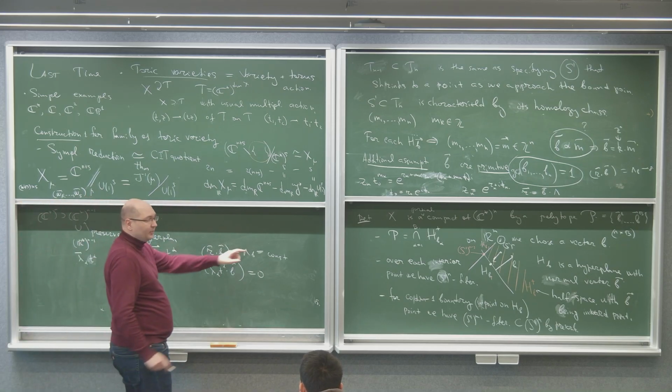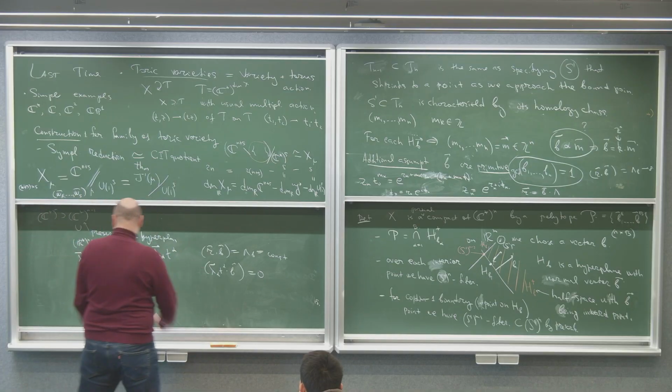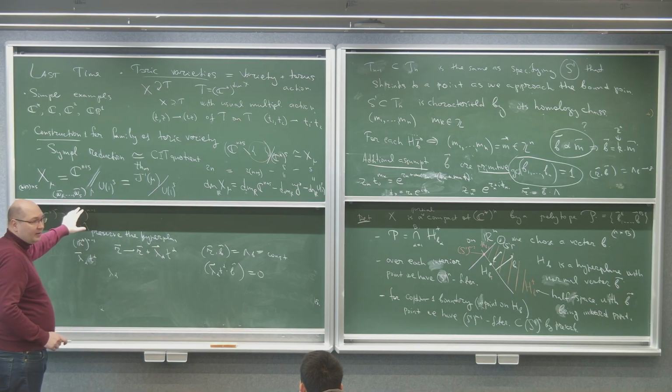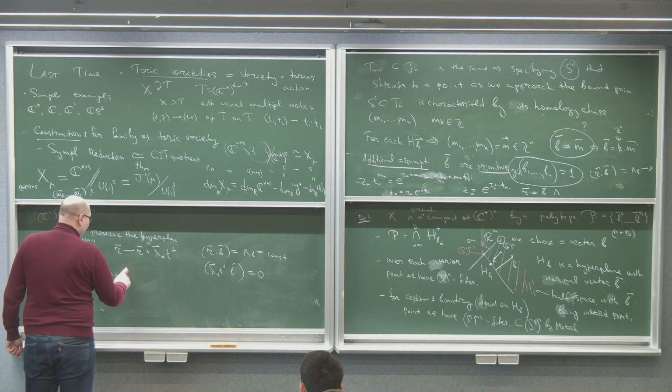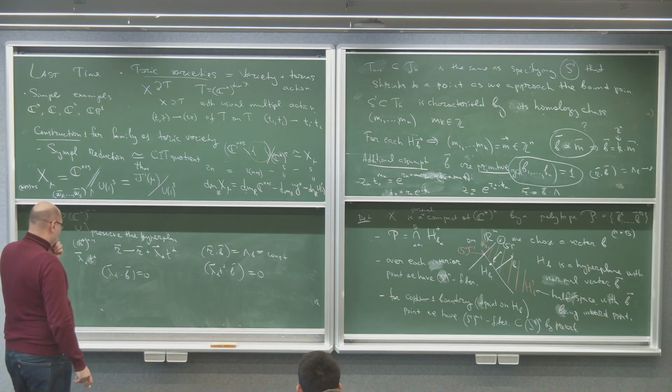So this lambda b shouldn't change, because lambda b is the position of this hyperplane. That means that this lambda alpha, which are weights of the remaining C-star action, should be perpendicular to b. The ones that act on the hyperplane are vectors perpendicular to b.